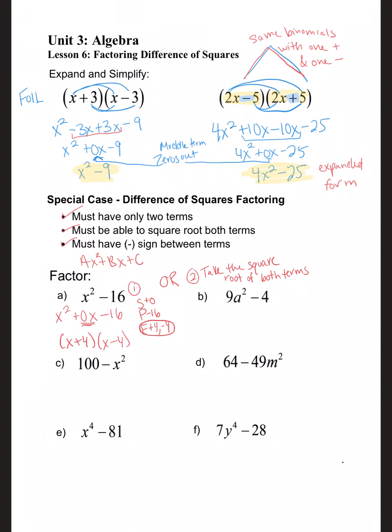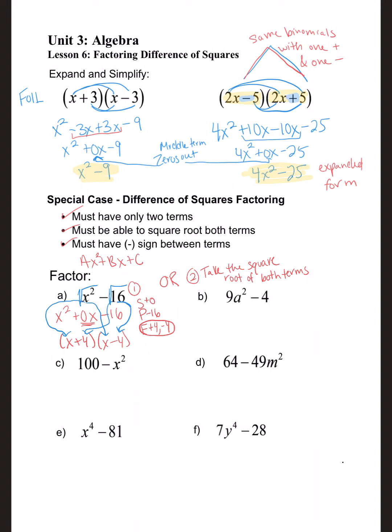If we were to take the square root of both terms, right, the square root of x squared is x, the square root of 16 is 4. Okay, so we take our x, it goes in our bracket here, and it goes in our bracket here, like always. And we take the square root of 16, it goes here, and it goes here. And then we just make one positive and one negative.